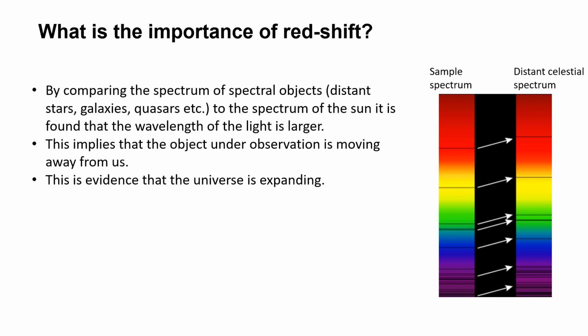The reason it's larger is because it's been redshifted, and it's been redshifted because clearly the waves of the light are being stretched, which would suggest that the object is moving away from us. And what this means is that the universe must be expanding. So that is one of the real important findings using redshift, is that it is evidence that the universe is expanding.